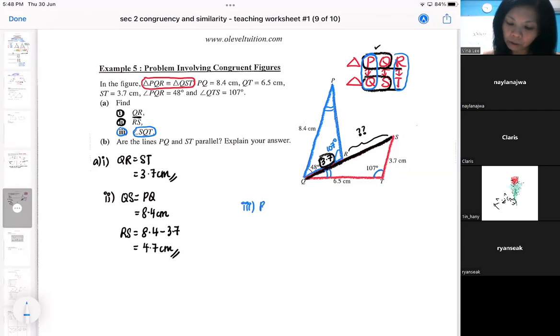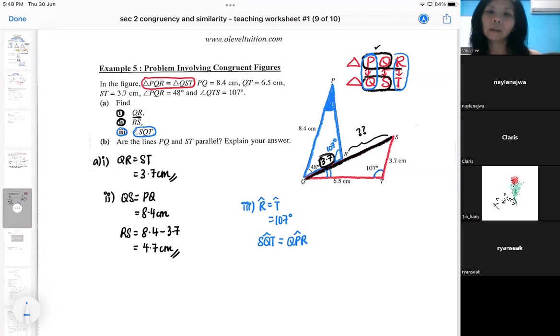So I'm going to match the angle R before I can find SQT. That will be QPR. So I want to find this one. All the matching is done based on the statement.